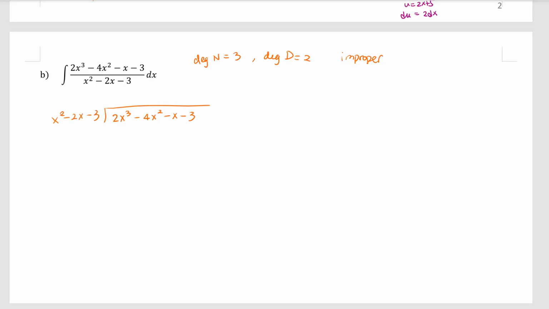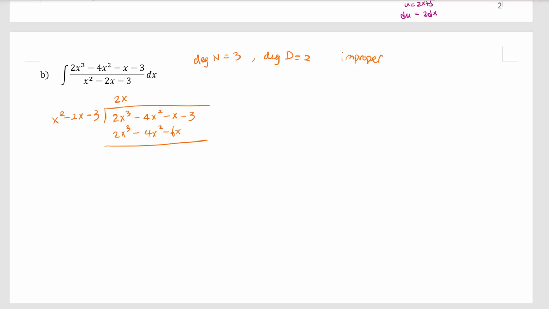Do you still remember long division? So what's multiplied by x squared to get 2x cubed? 2x, right? So 2x times x squared is 2x cubed. 2x times -2x is -4x squared. 2x times negative 3 is minus 6x.